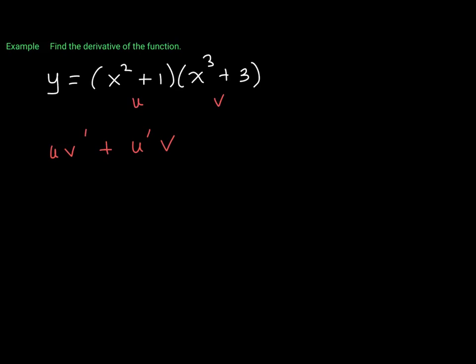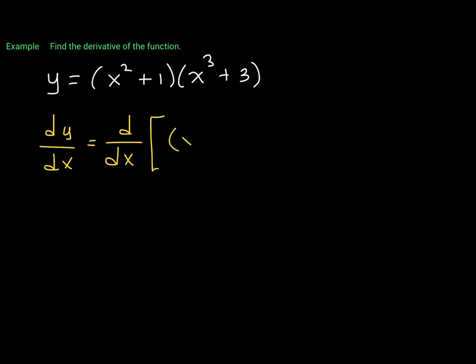So let's actually do that. So we have dy dx is equal to the derivative, again, I want to stress proper notation, the derivative of this product. All right, so let's go for it.